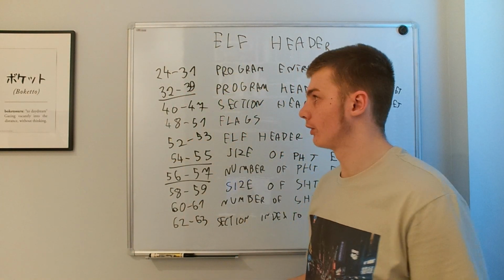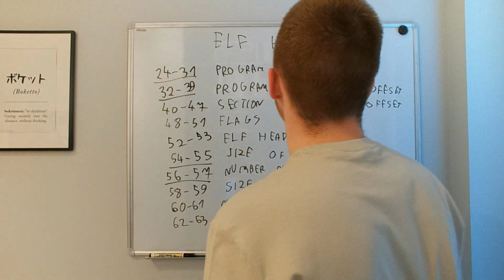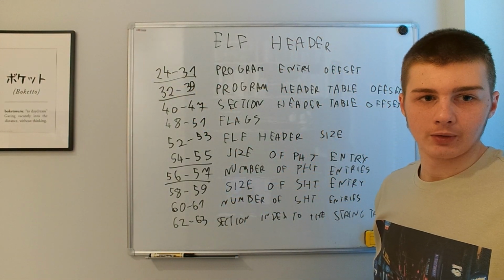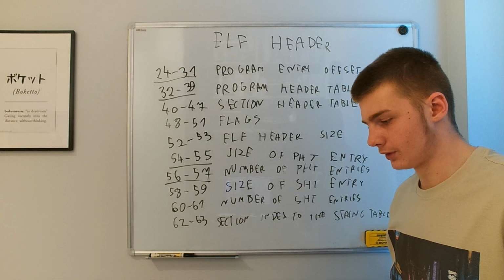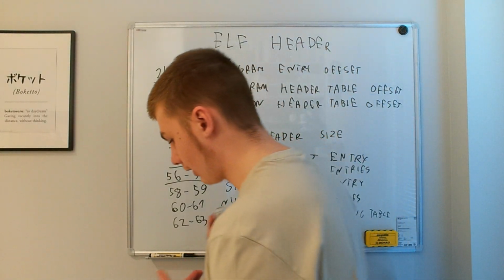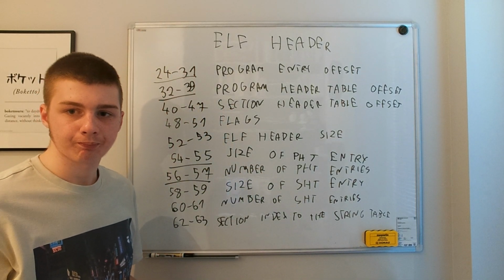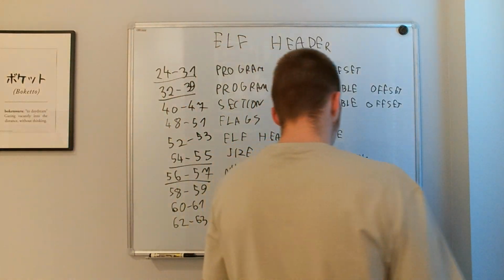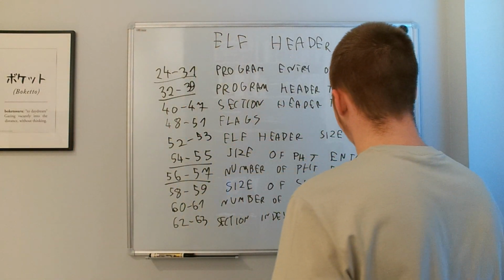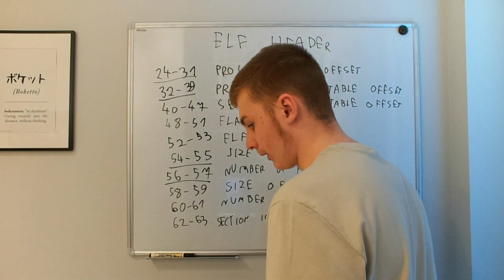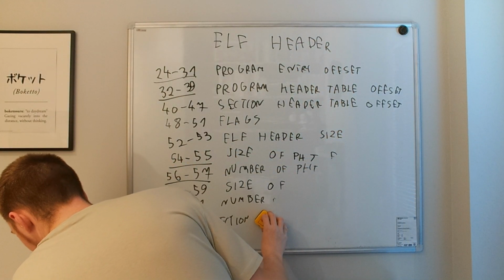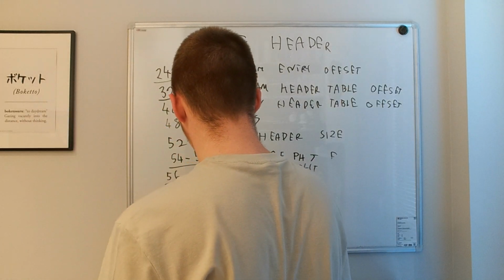And once we have dealt with those, we can jump to the program entry offset. So these are the pieces of information in the ELF file that we care about the most. So, what is stored in the program header table?